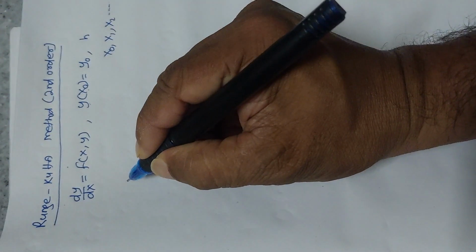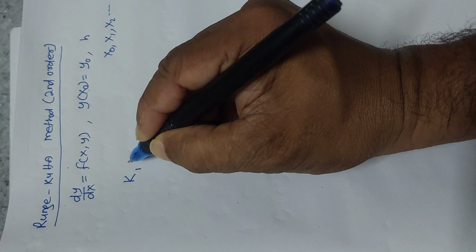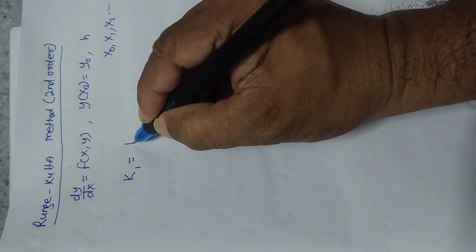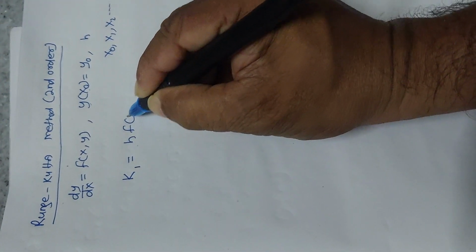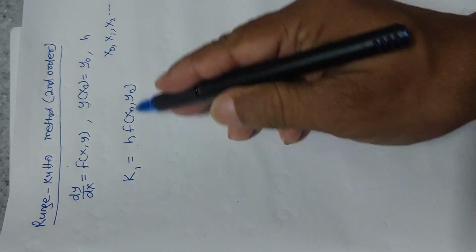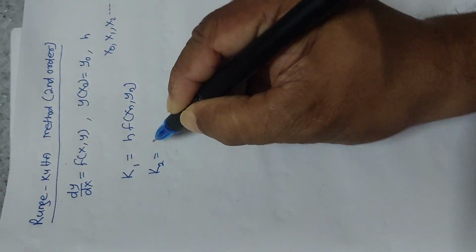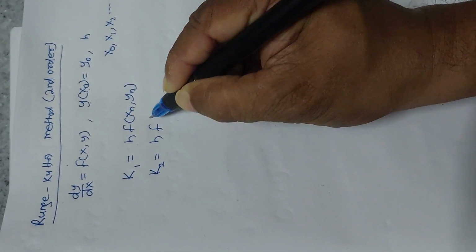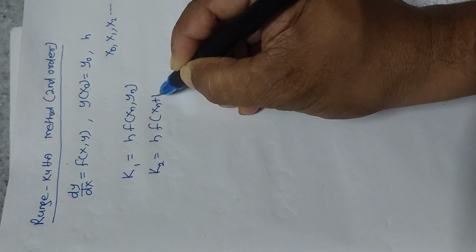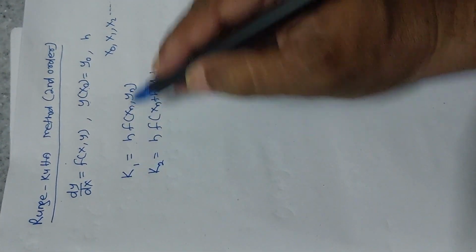First of all, we have to find two parameters, that is k1 and k2. So, k1 will be h into f of xn, yn. It will be made clear in the next example. K2 will be h into f of xn plus h, yn plus the previously found k1.